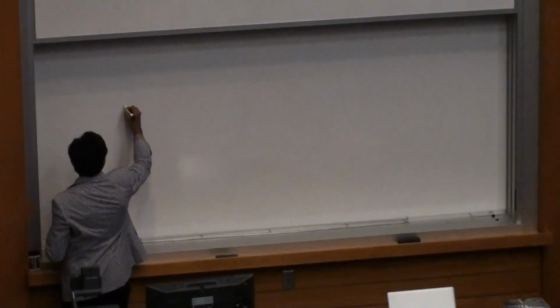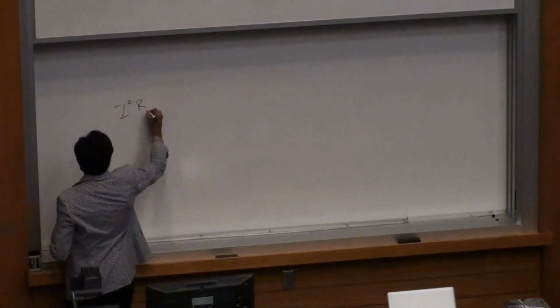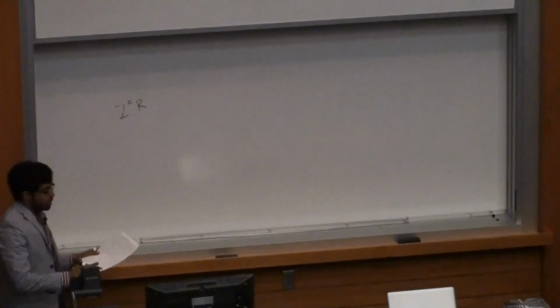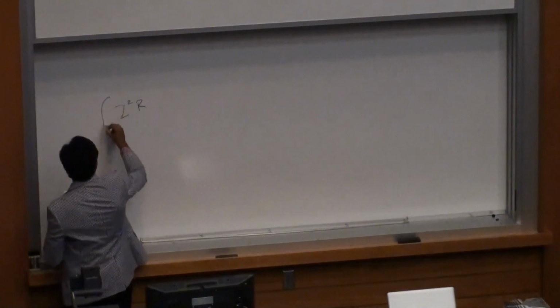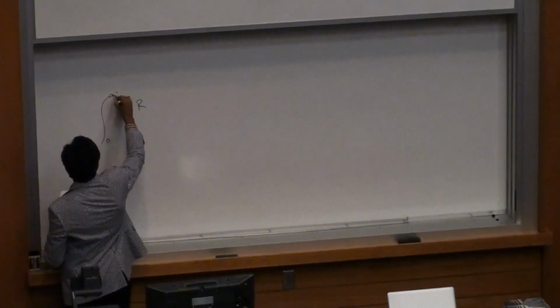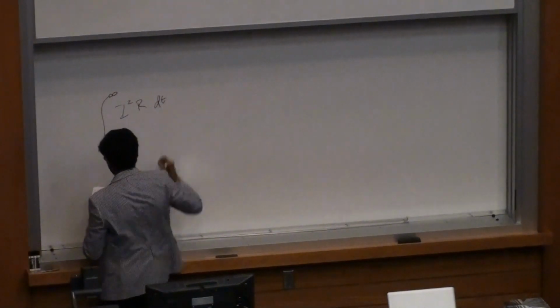So I know that heat being produced is I squared R, and this is in terms of joules per second. So I want to look at the total aggregate, so I take the integral of time going from 0 to infinity as dt.